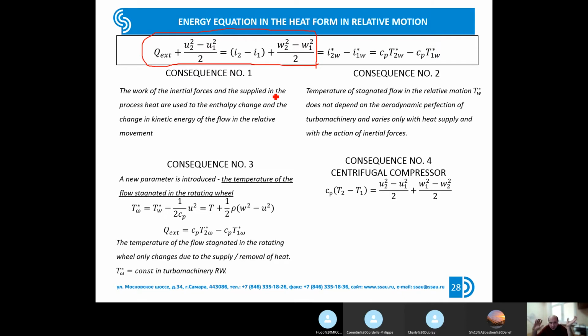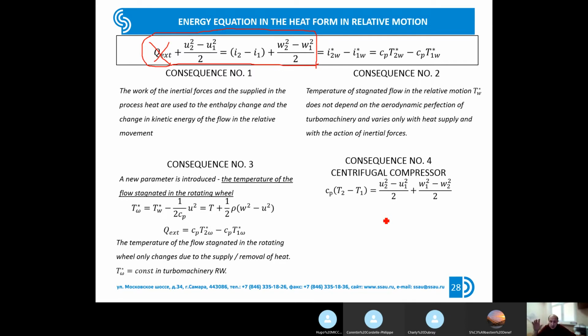Of course, remember we have no external heat in the turbomachinery, that's why we remove this term. And finally we receive this formula, which explains why the static temperature changes in the stage of the compressor.